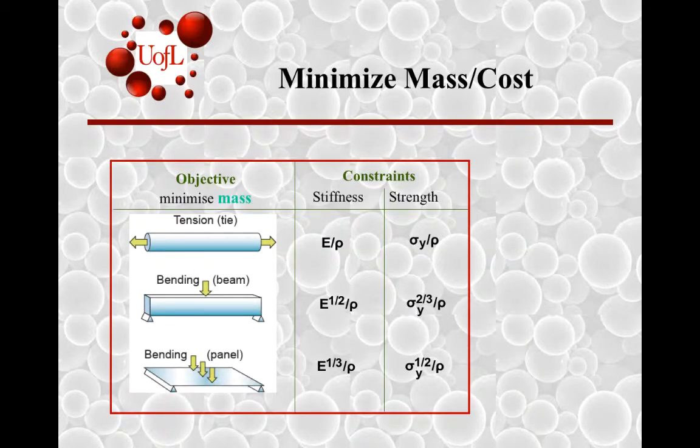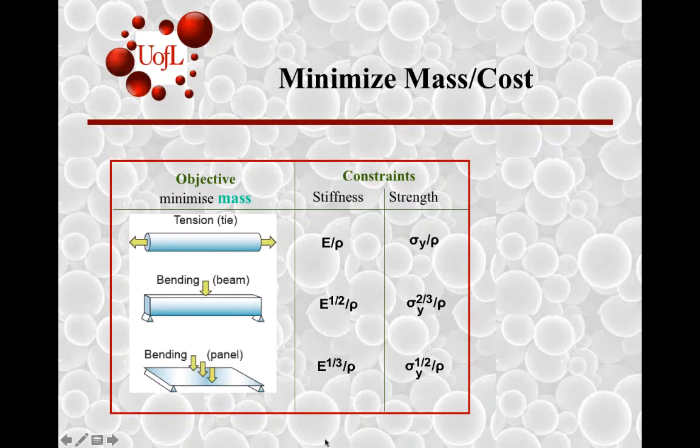This table over here shows the interrelationship between minimizing mass or minimizing cost as an objective function. It is summarized for three different kinds of geometries: tension for a tie rod, bending for a beam, and bending for a panel. These are three very common design situations.